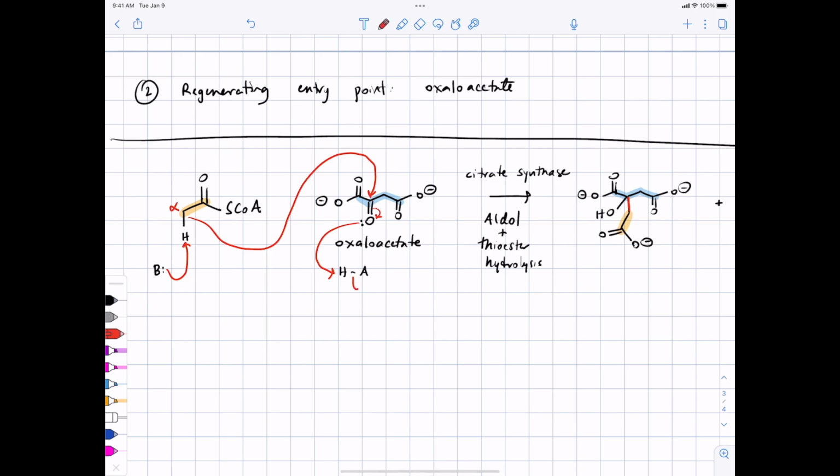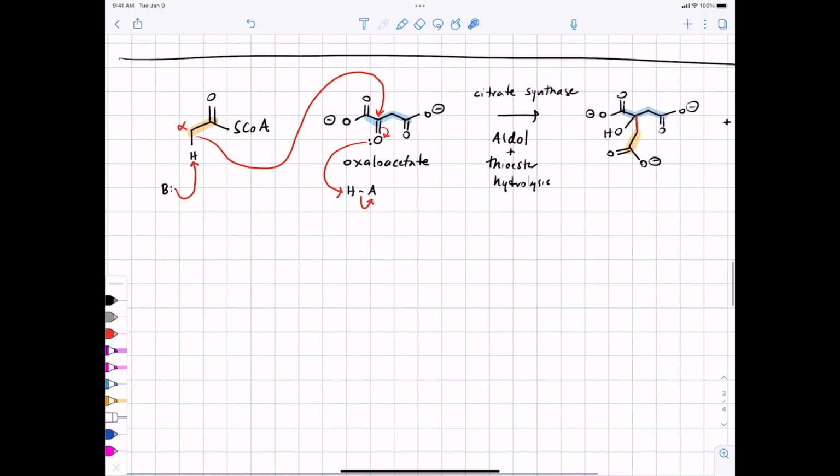I realize what I'm doing here is condensing multiple things that we've drawn as separate steps in the aldol reaction. Hopefully you can follow it along. Remove the proton to get the enolate. Enolate attacks carbonyl carbon to get tetrahedral intermediate, and now we're protonating the oxygen of the tetrahedral intermediate. So that's the aldol step.